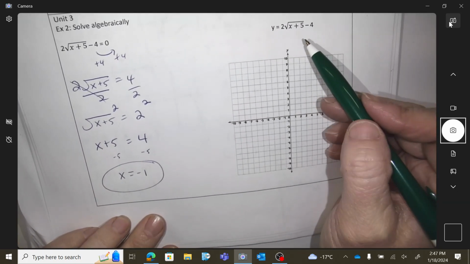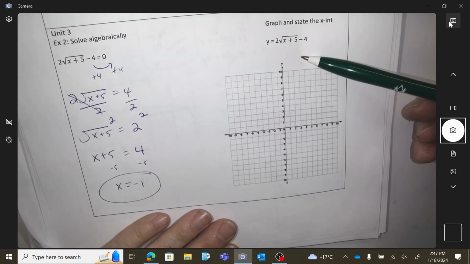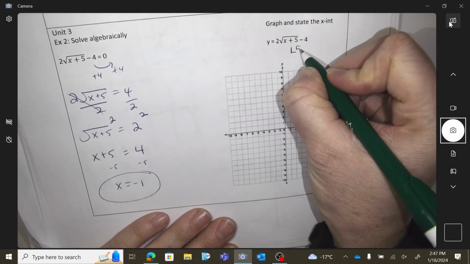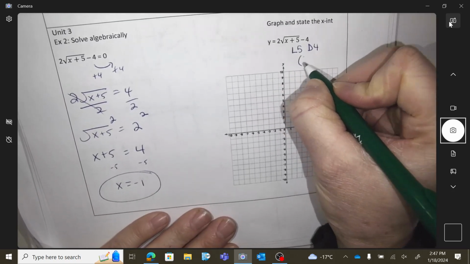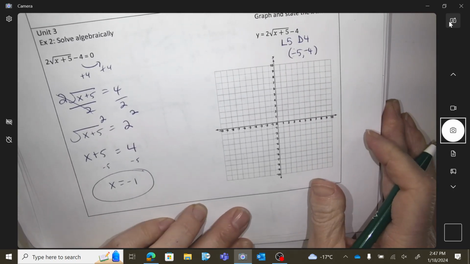Okay, so now I'm going to graph this. So this has moved left 5 and down 4. Left 5 and down 4.